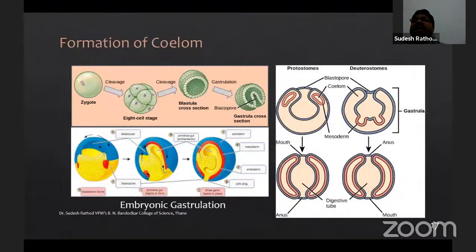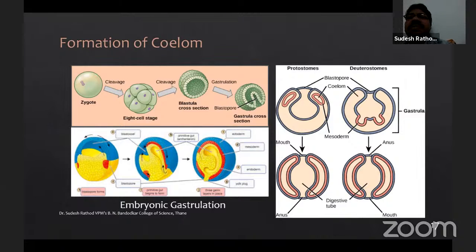Now, in the embryonic condition, coelom is developed particularly in triploblastic organisms. No unilayered organism can develop a coelom, and no bilayered diploblastic organism can develop any coelom. It is triploblastic organisms, that is, three germ layered organisms, that can develop a coelom.